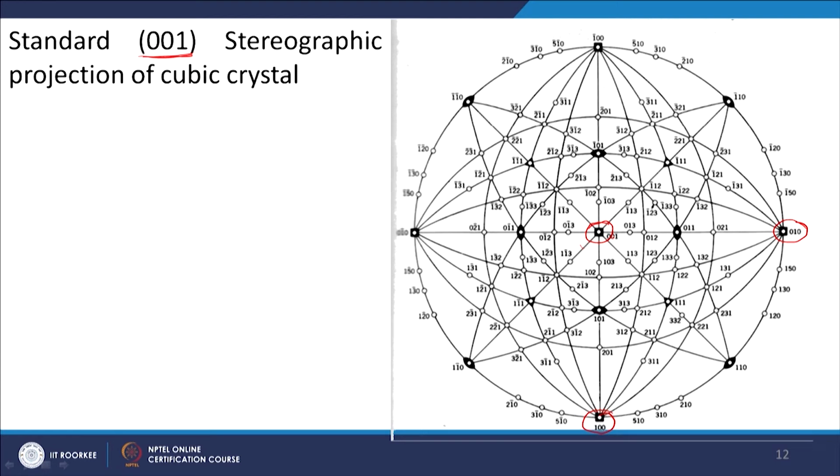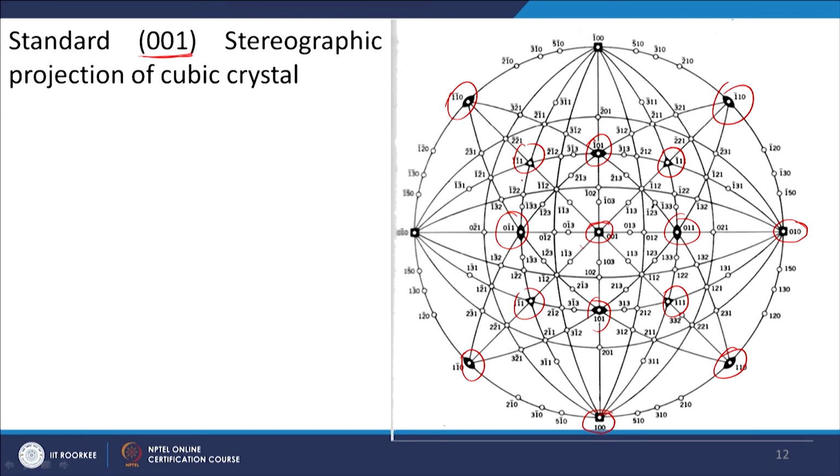Basically, all the poles or planes are plotted in two dimensions and their angular relationship is preserved, and you can easily see, using the Wulff net, the angle between different planes. All the poles like the 011 type will be plotted here. You can see all the poles of the 100 type, the 110 type, and then the poles of the 111 type. These are the important planes for us. All these are plotted on a stereographic projection.